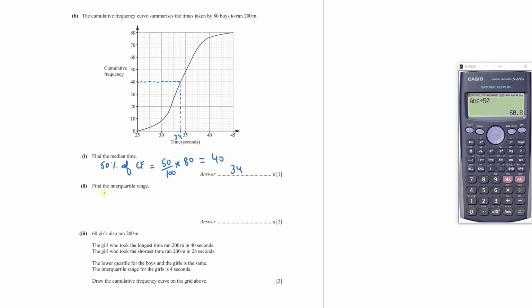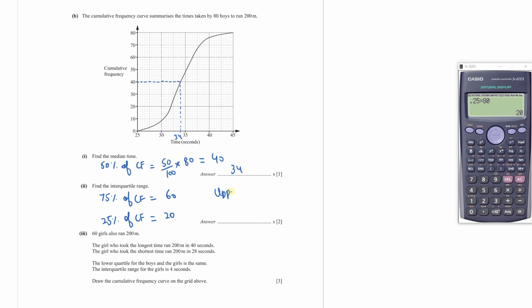Find the interquartile range. So first you need to find the 75% of cumulative frequency, which will be 0.75 into 80, which is 60. So upper quartile will be when cumulative frequency value is 60, and lower quartile will be 25% of the cumulative frequency, which will be 0.25 into 80, which is 20.